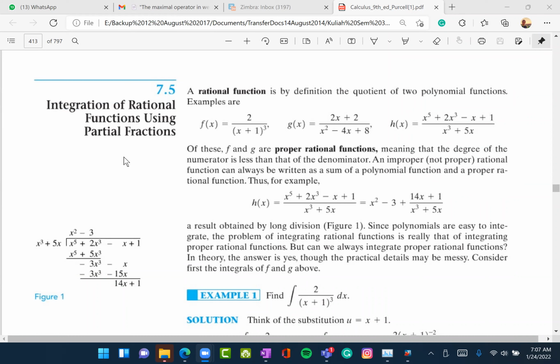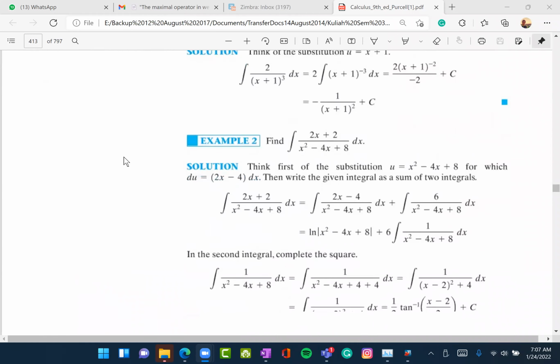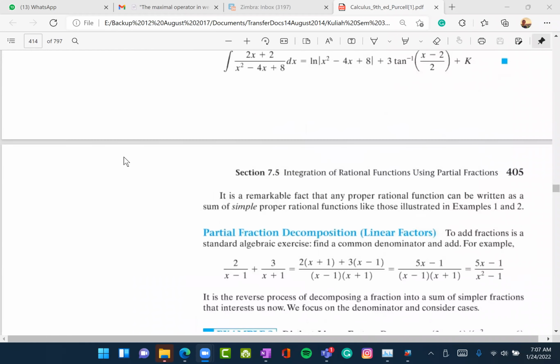So we've started with a couple of things, and let's do the rational function itself.